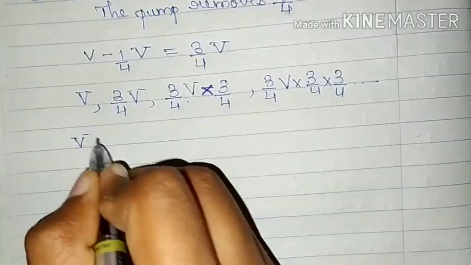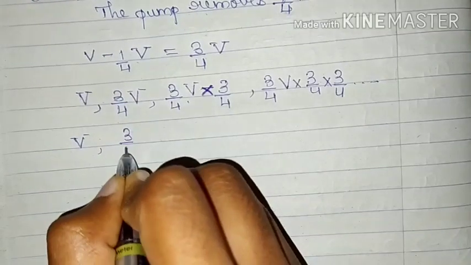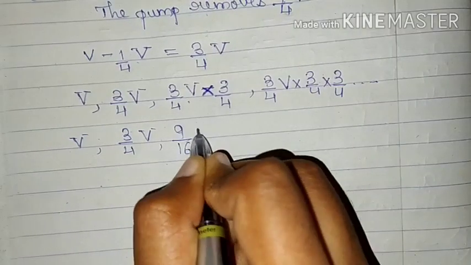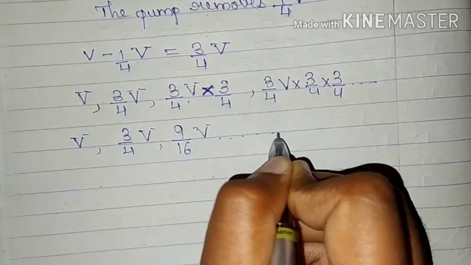So we get V, the next one 3/4 V, the next is 9/16 V and so on.